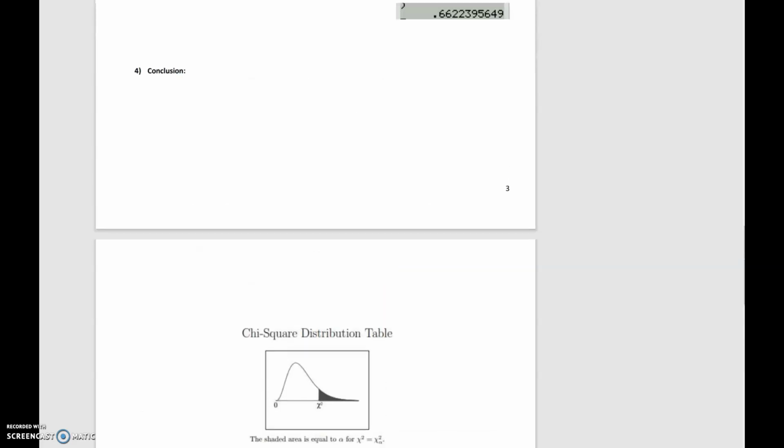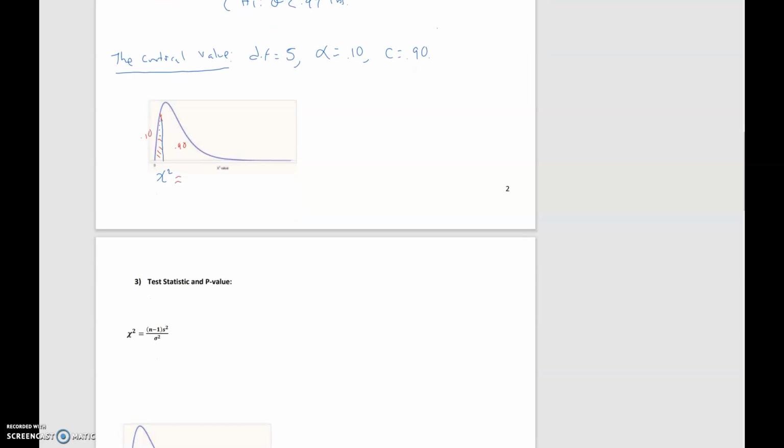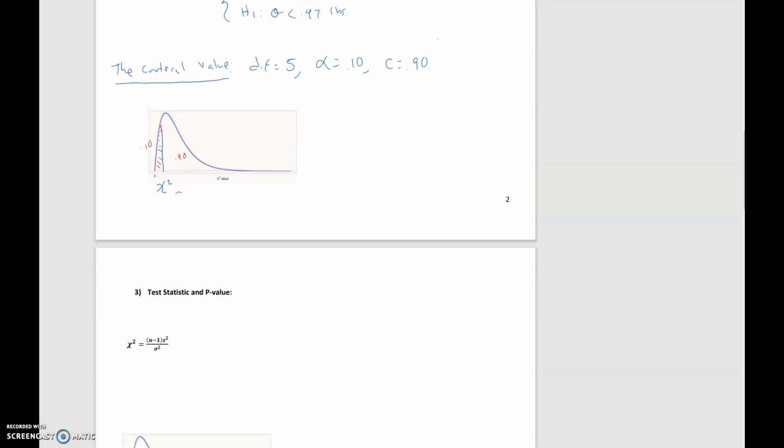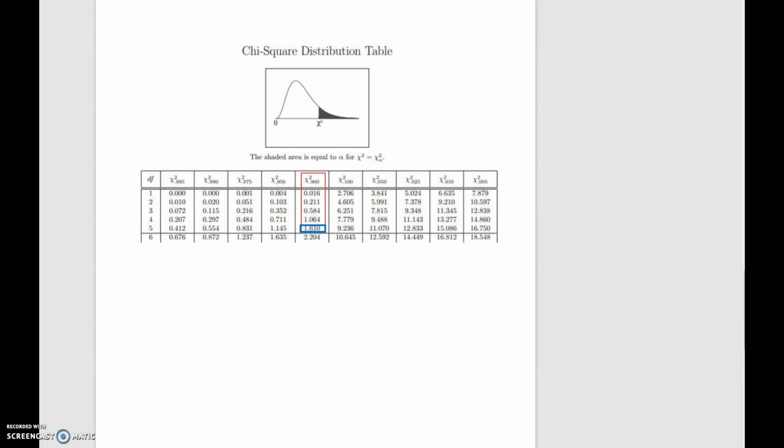So our critical value is going to be approximately 1.61. We don't need the extra 0.